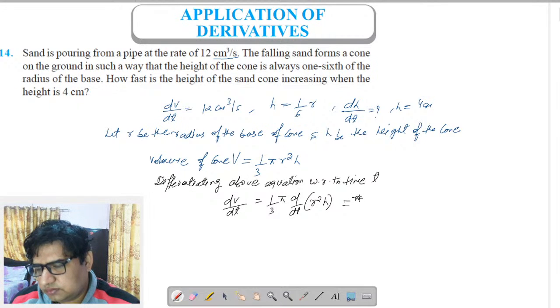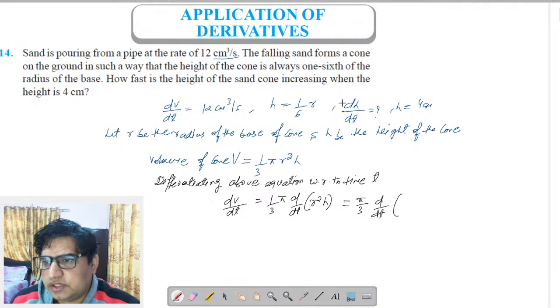सो will substitute the value into it, ठीक है। सो what do we do here is we will simply write π/3, ठीक है, π/3, और उसमें d by dt और r स्क्वायर की जगह what we can write here is, सो r is 6h, so that will be 36h² and into h.